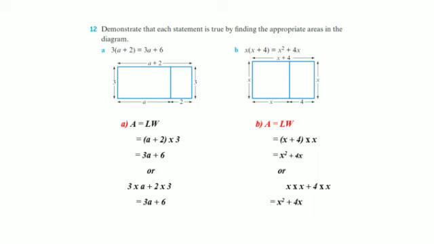And in part B, you get the same thing, x plus 4 times x squared plus 4x, or you can then add the two smaller areas, x times x plus 4 times x squared plus 4x. So you see that you demonstrate that it equals the same thing.